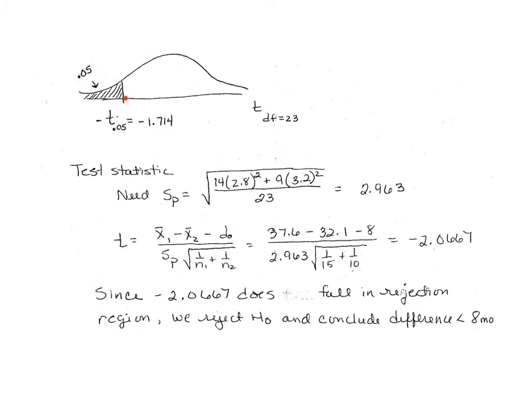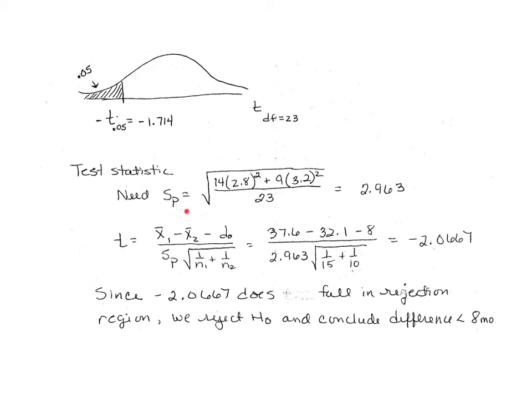So we need to find the cutoff value from the t-table that gives us 0.05 in the left tail, and that value is negative 1.714.